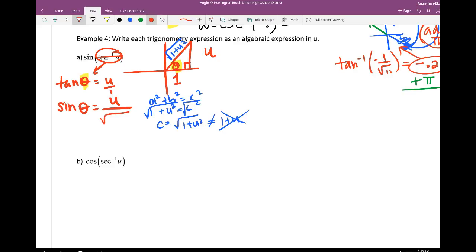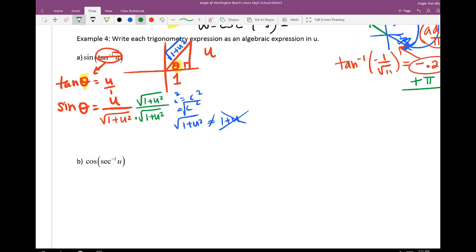I put it here because sine is opposite over hypotenuse. You may not leave the answer as a radical, so we will need to rationalize. I'll erase this because I need more space. I multiply by its radical; what you multiply to the bottom, you multiply to the top.